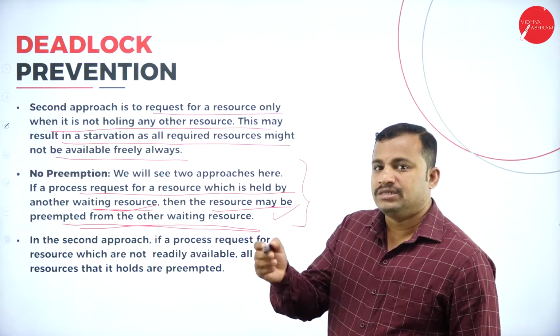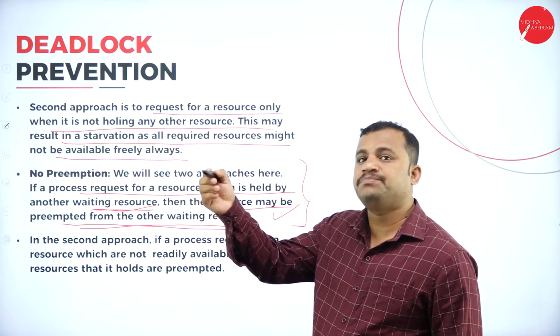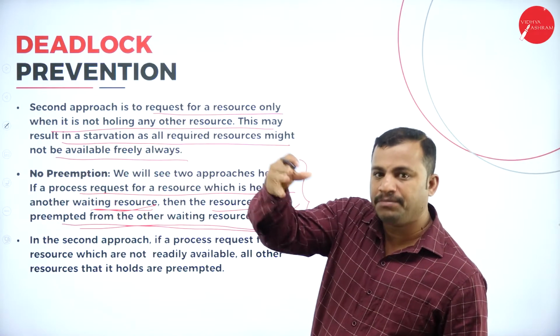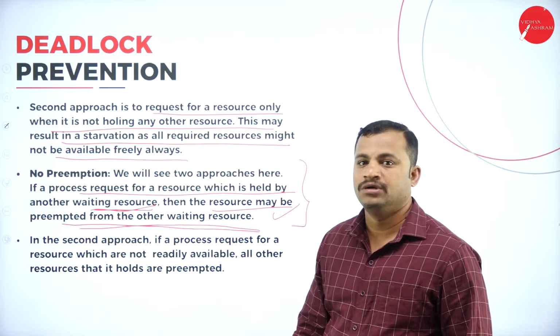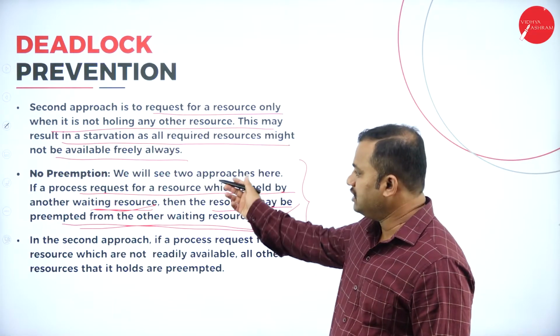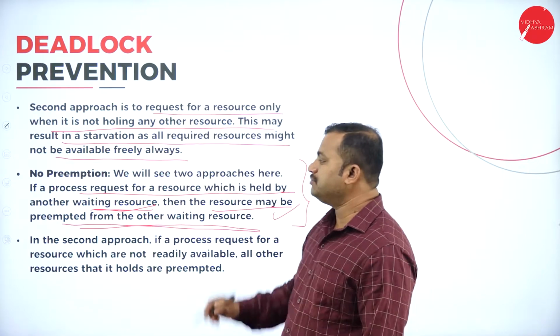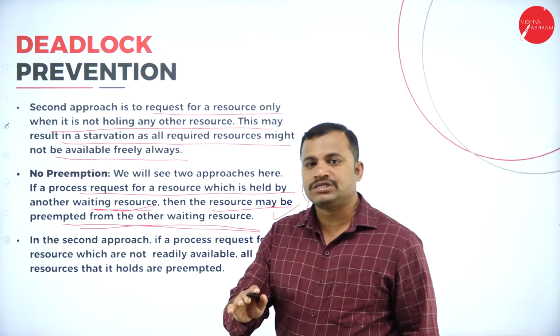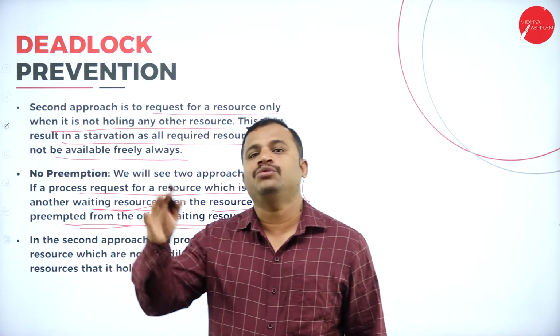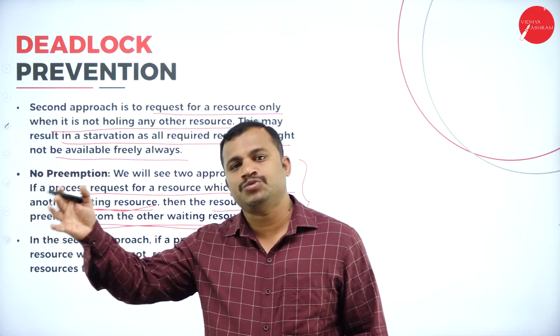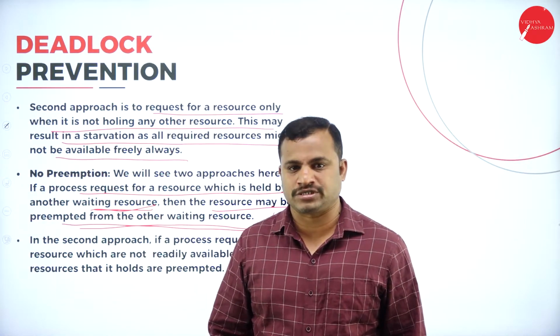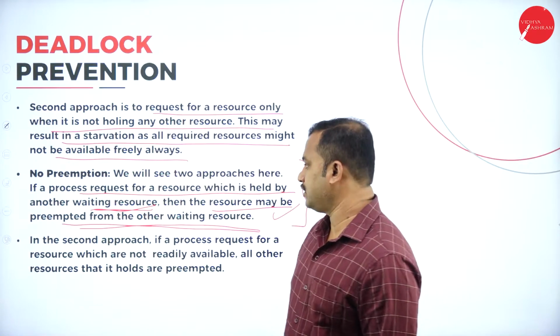That means the other process is preempted, given permission to the requesting process to use it. That is the meaning of preemption. No preemption means it is not permitted to use the resource which is held by another process. That is the third property.